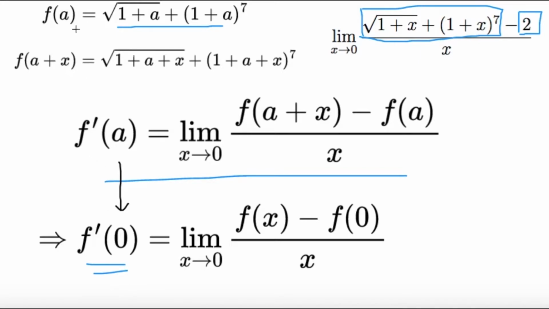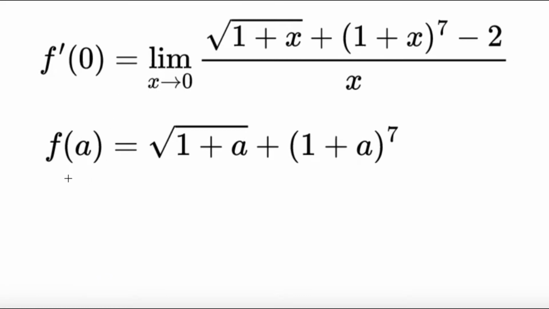That will help us, because all I have to do now is get the derivative of f of a. Since I already have f prime of 0 would be the given limit, we can just use our derivative knowledge to get the derivative.